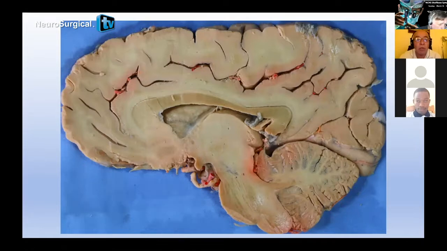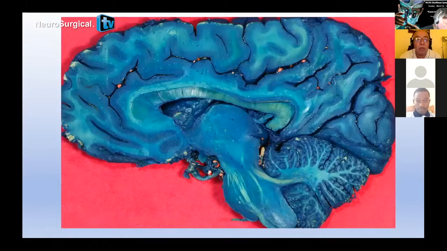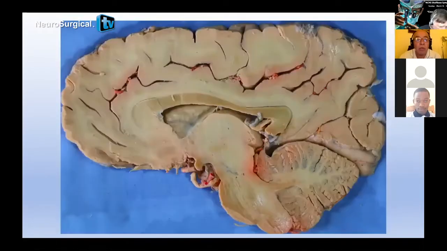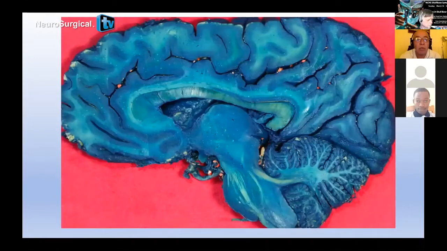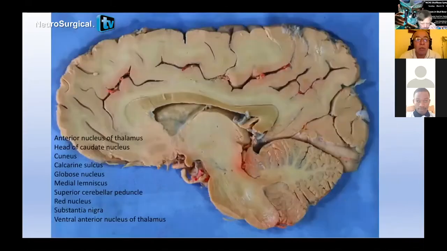It's difficult, but if you stain only the gray substance, you can differentiate the white substance and gray substance. For example, this is the result of the anterior coat. This is the coat without staining and the coat after staining. So we can differentiate some structures of these coats.